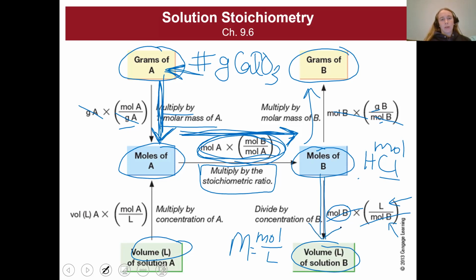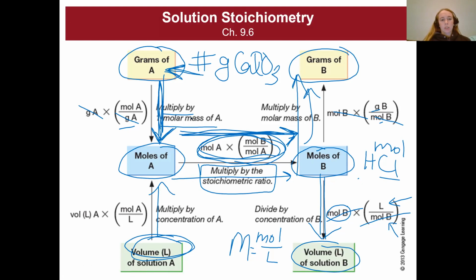So we went from grams to volume. You can do the opposite. You can say what mass of calcium carbonate do you need to use up all of your hydrochloric acid, or to like neutralize your hydrochloric acid. Then you would start with a volume of hydrochloric acid and do the opposite. You'd go up this way instead of going to the right and down, you'd go to the right and up.